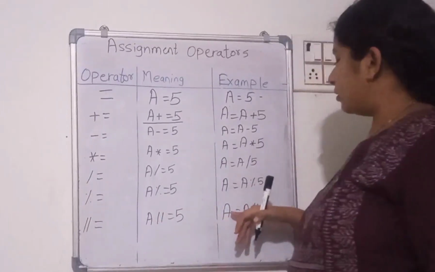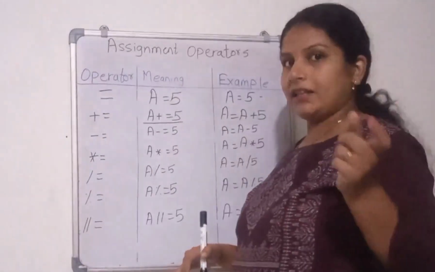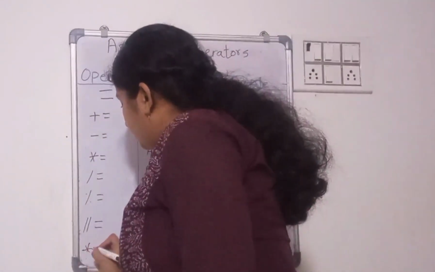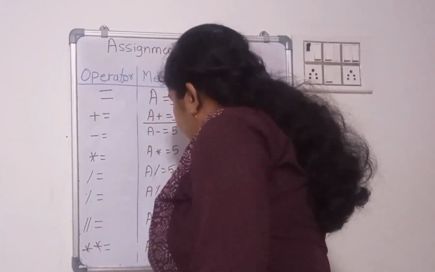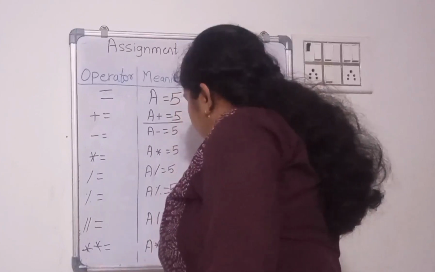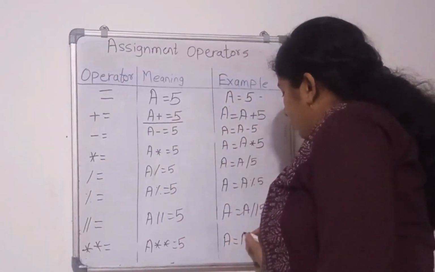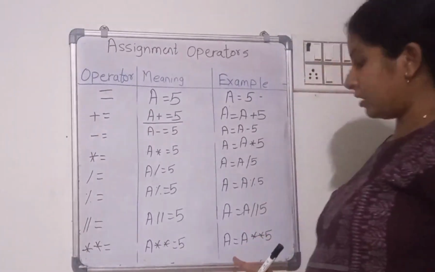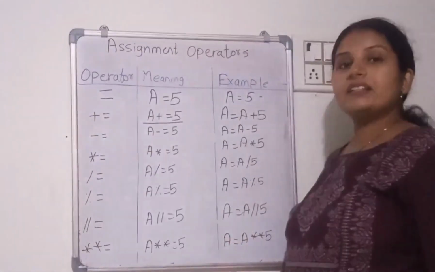You can divide the value of a by 5 and then store the floor value, the lower limit value, in a. And the last one is the exponential. So a **= 5, where you can write a = a raised to the power of 5 and then store the result in a.